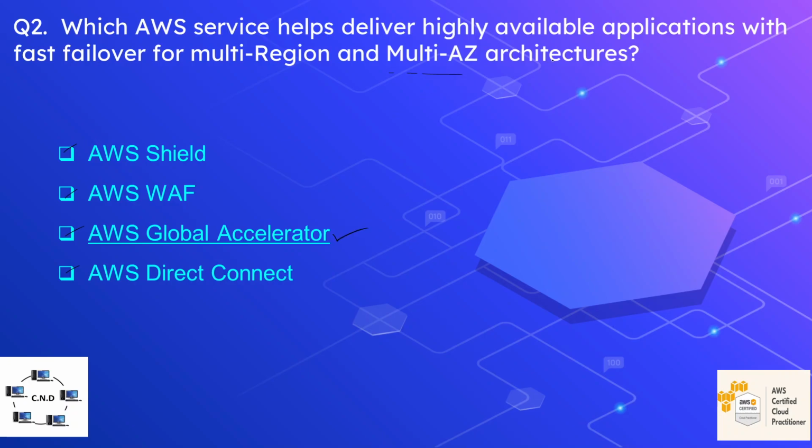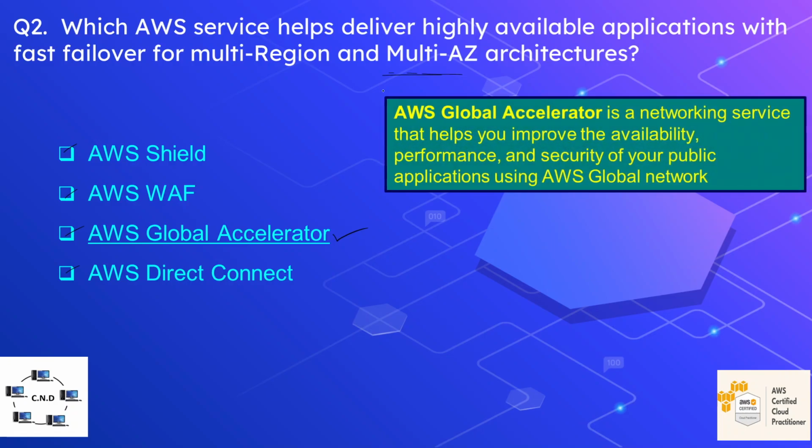So it is basically the service that provides high availability for applications and fast failover, across the multiple region and multiple availability zone architecture of AWS. This is basically a networking service that helps you improve the availability, performance, and security of your public applications using the AWS Global Network.